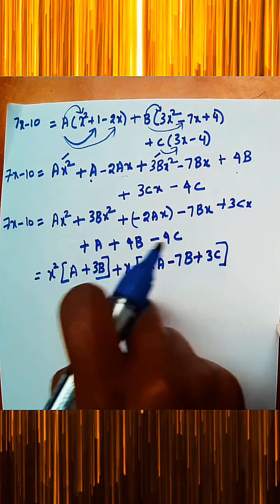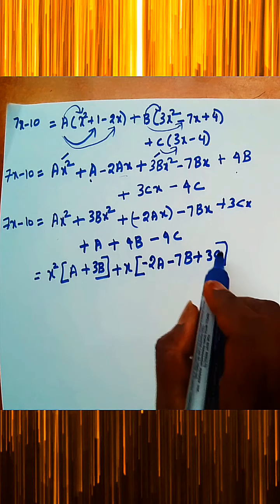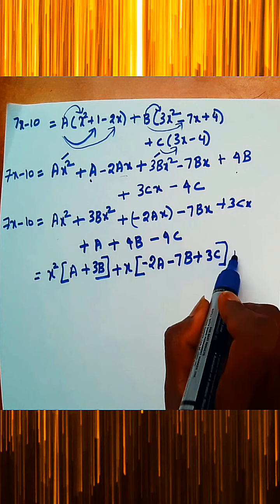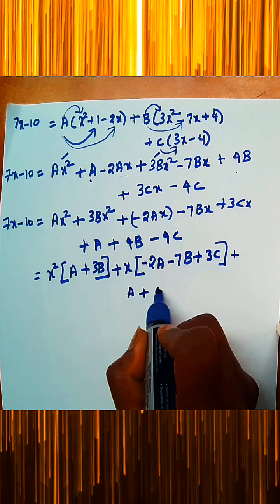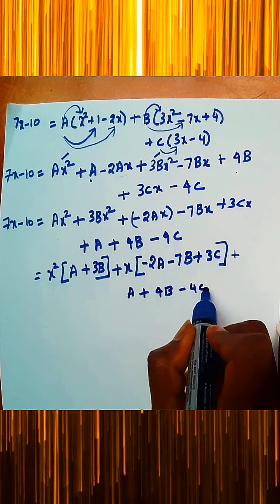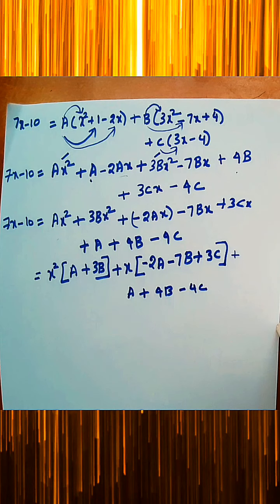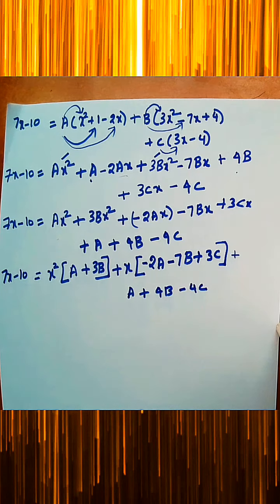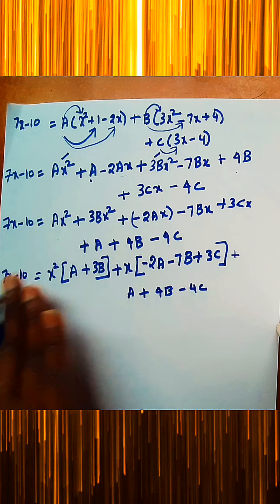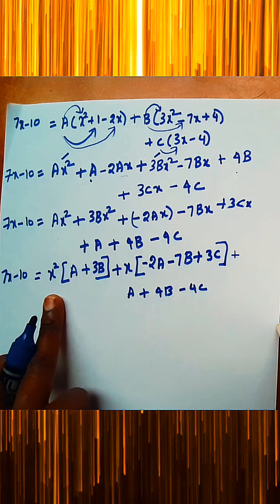Okay, plus what is remaining? The constant terms, a plus 4b minus 4c. On the left hand side what we have? 7x minus 10. Alright, now what we have to do is equate the coefficients of x square.